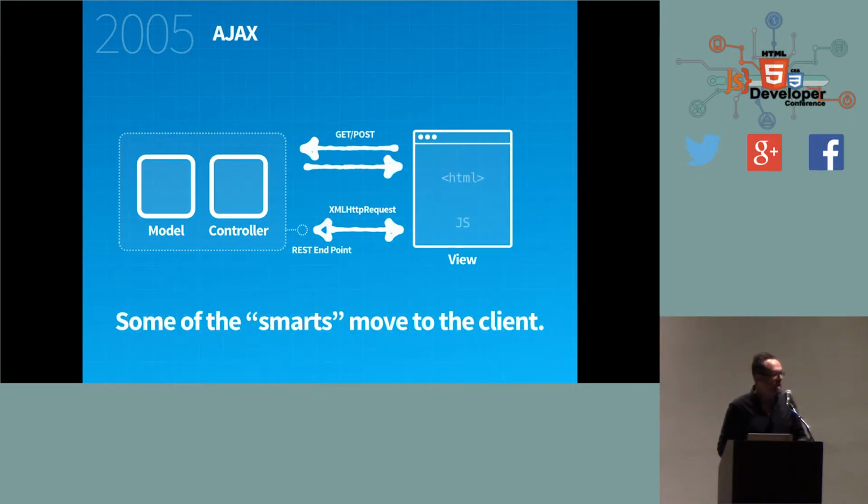A year later, Ajax emerges as a concept, even though it was there way earlier with IE. The term gets coined, and we start to see another endpoint emerge from the API, and we start seeing things going across the XMLHttpRequest object. So some of the smarts are now moving to the client. We get a bit of JavaScript going.